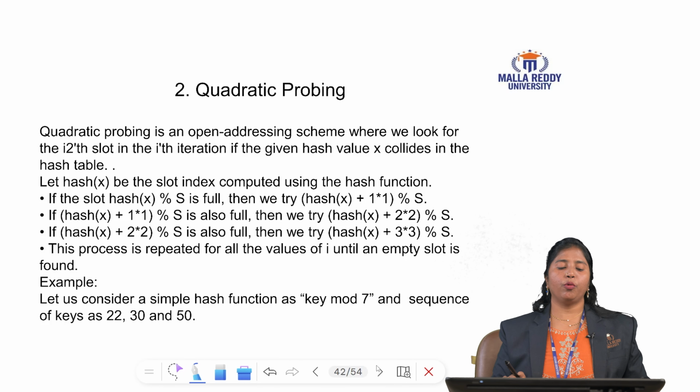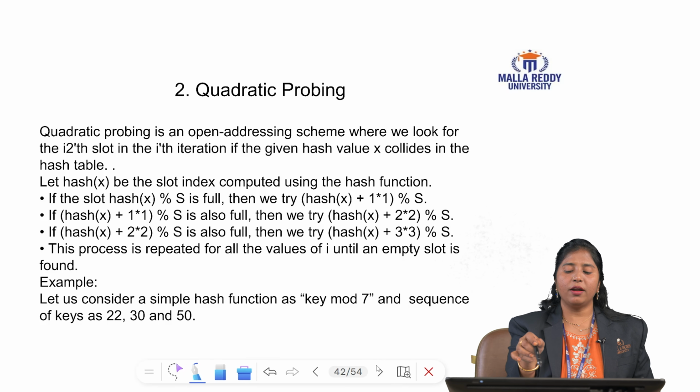Next we have quadratic probing. Quadratic probing is an open addressing scheme where we look for the ith slot in the ith iteration when X collides in the hash table. Let hash of X be the slot index computed using the hash function.